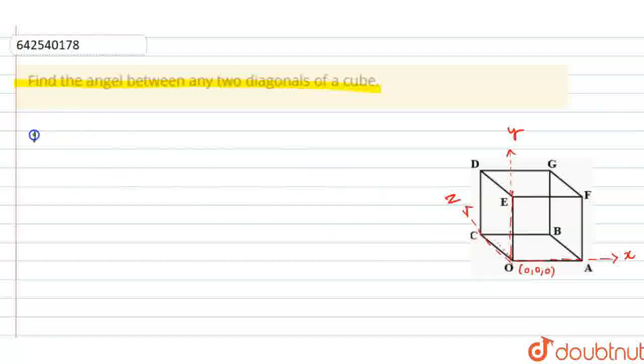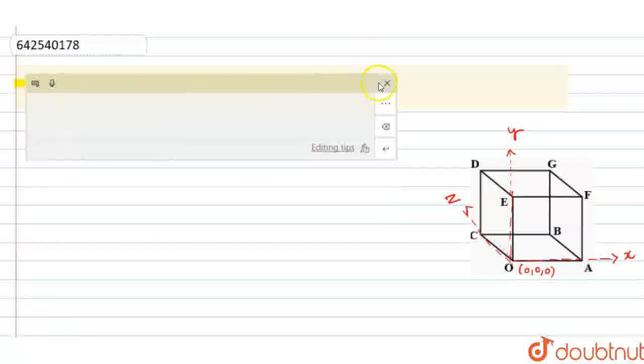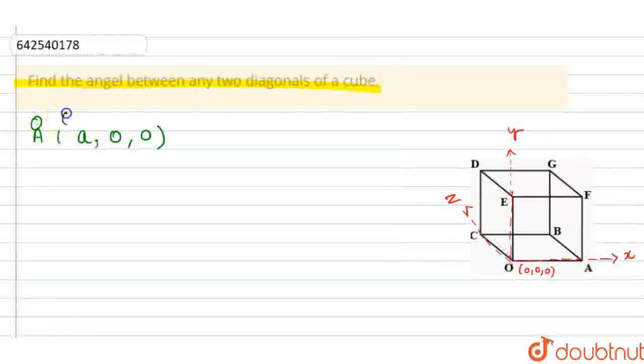In the figure we can see that A is on the x-axis only, there is no y and no z coordinate with this x. So A will be at (a, 0, 0), where the length of the side is a, and O is already at (0, 0, 0).